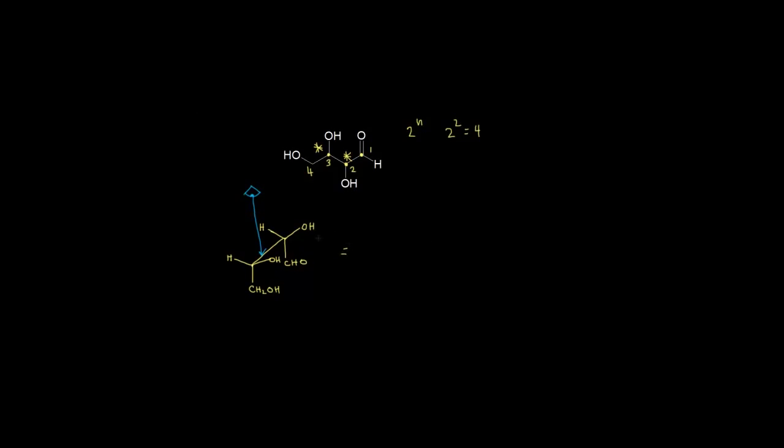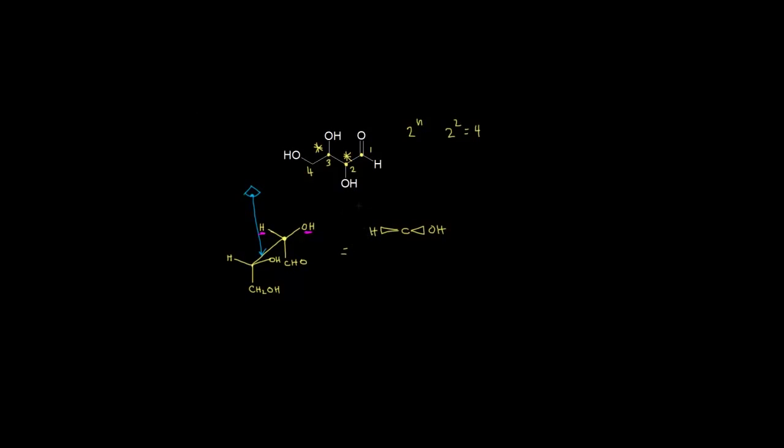Well, let's start with this carbon right up here. So we'll make that carbon this one, and you can see that the OH attached to that carbon is going to the right, and it's going up at us. And then if I look at this hydrogen over here, it's on the left and it's going up at us.